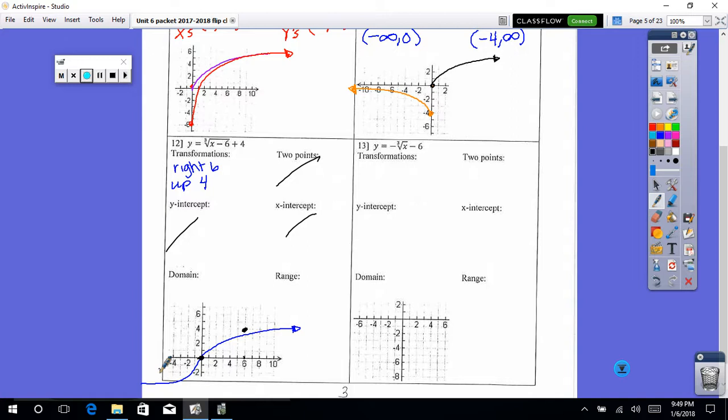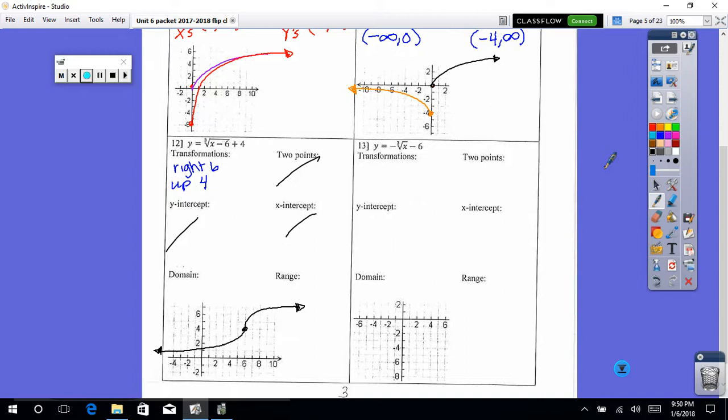So now instead of making that cute little curvy turn at (0, 0), it's going to make that cute little curvy turn right there at that (6, 4) intersection. Again, we went right 6, up 4, and it makes its little turn right there.